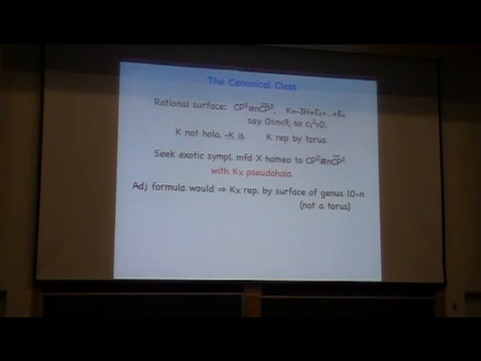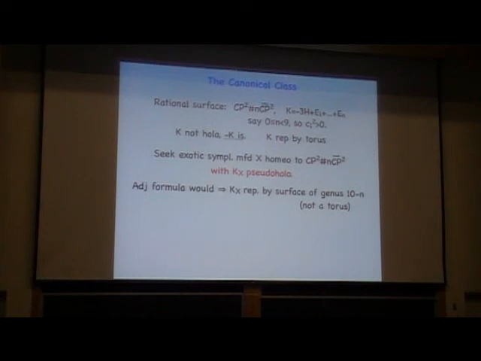So for example, if you could find an exotic CP2, then its canonical class would have genus 10 rather than 1. And in fact, this is true.